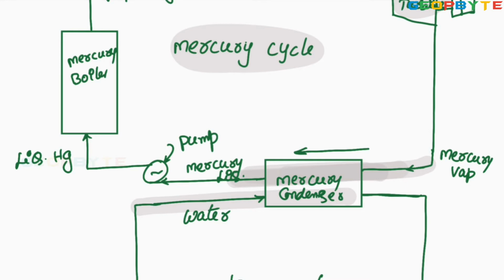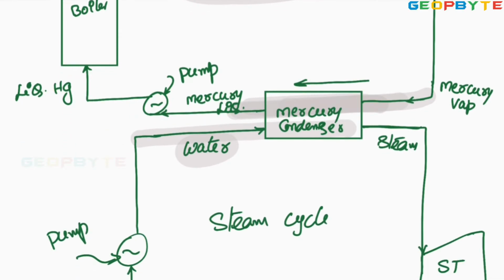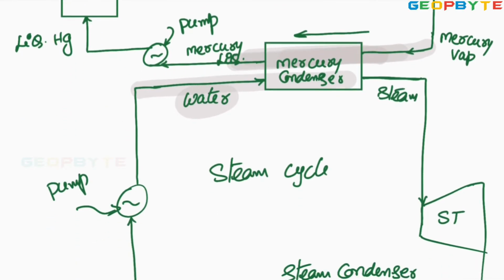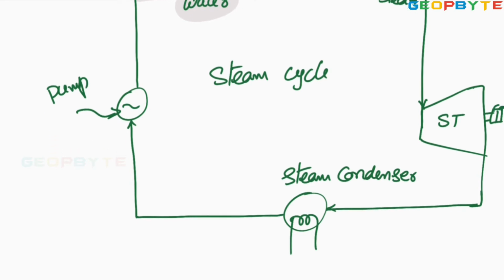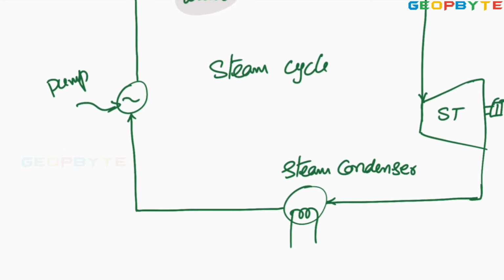This water is becoming steam. This steam is made to pass to the steam turbine. By the time the steam is expanding over the steam turbine blades, we are getting some more work energy. After expansion of the steam over the steam turbine blades, the steam is left to the steam condenser.